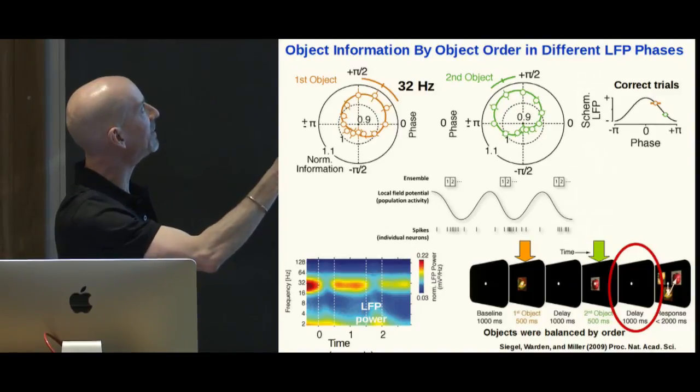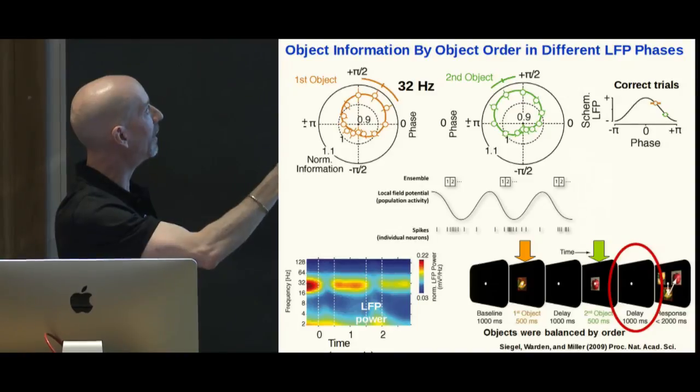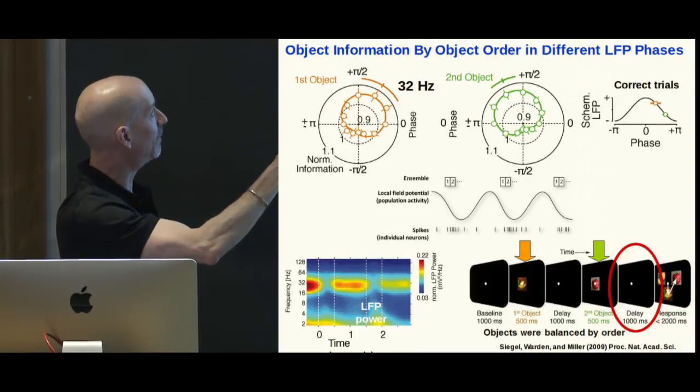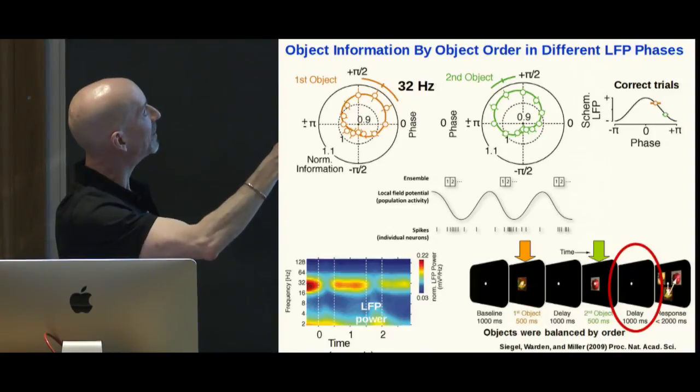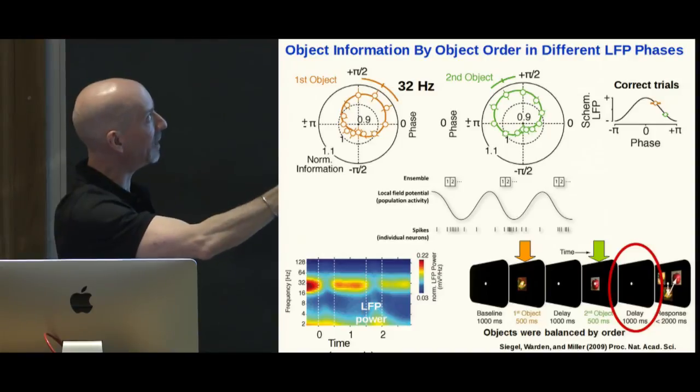It's about a 16 to 25% gain in information over the opposite repolarizing phase of the cycle. But you notice that the center for this information bump for the first object is here, very early in the oscillatory cycle, shown here. But now we do the same analysis for the second object.